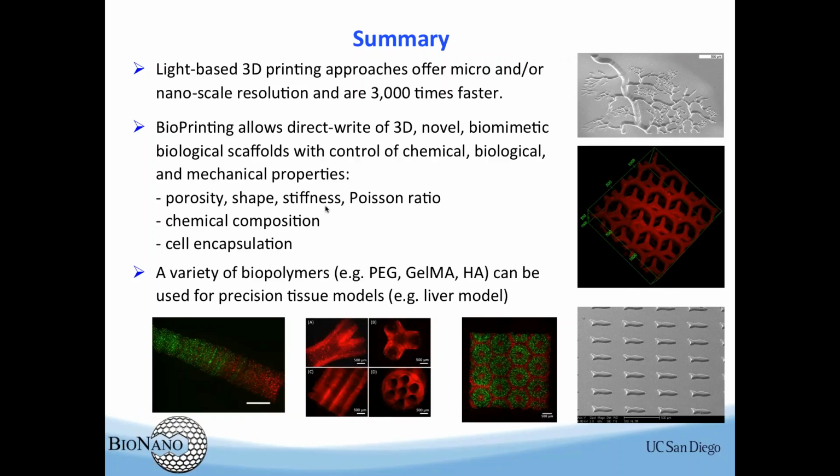You can have good control in terms of chemical composition, and also cell encapsulation. Not just one cell, but also multiple cells. You can put them in a very well designed location to study either drug response or disease modeling.